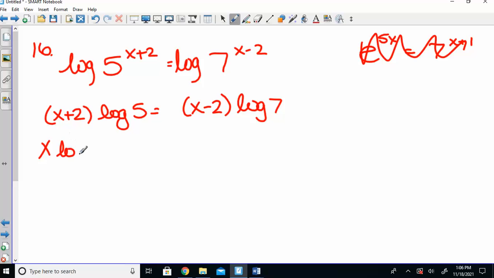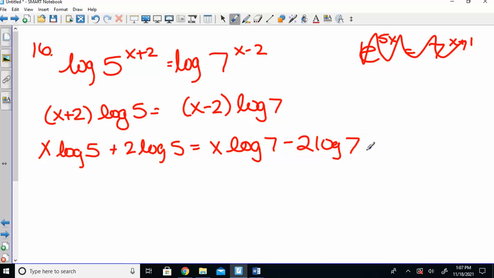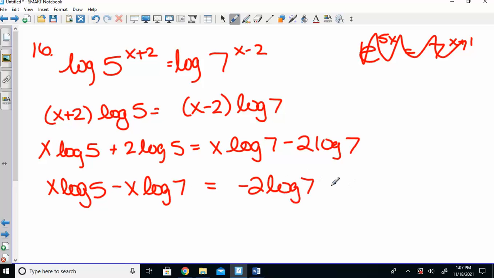So we have x log 5 plus 2 log 5 equals x log 7 minus 2 log 7. Then what do we have to do? We need all the x's on one side. So I'm going to subtract over this x log 7. And everything without a log on the other. So I'm going to subtract over this 2 log of 5.